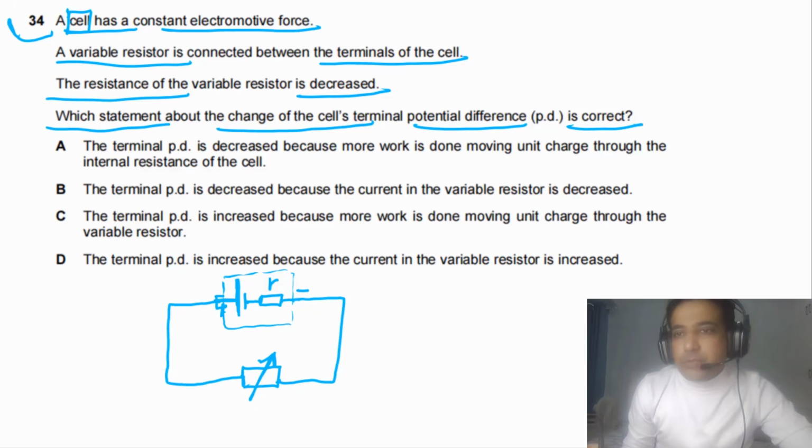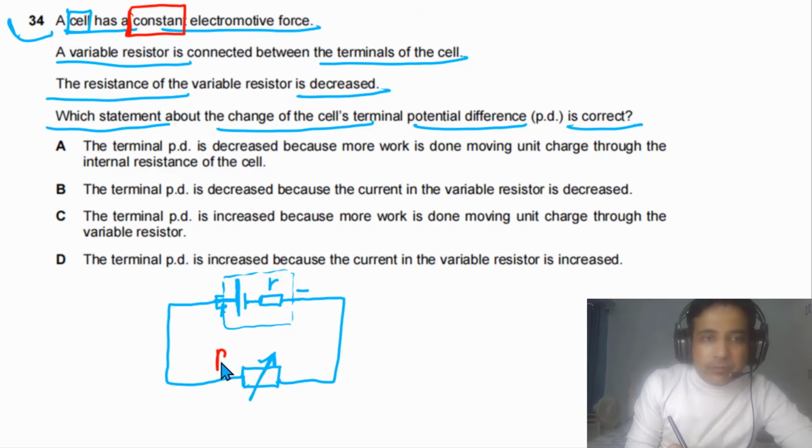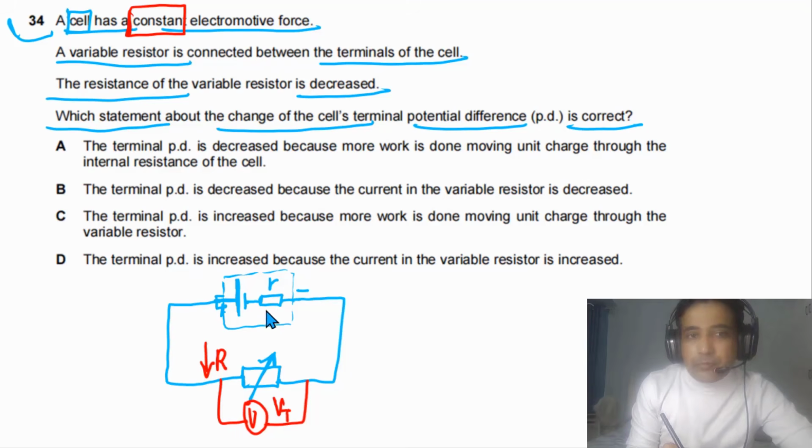In the question it is given that the EMF is constant, and the resistance of this variable resistor is decreased. If we connect a voltmeter across this variable resistor, the reading on this voltmeter will give us the terminal potential difference across the terminals of this power supply.